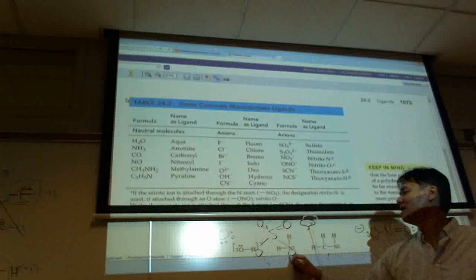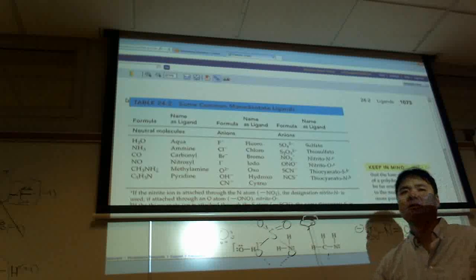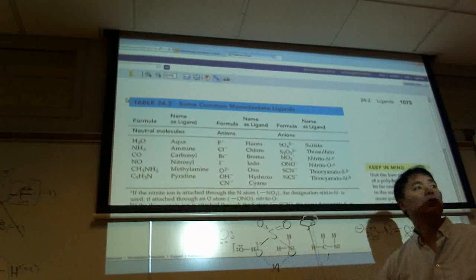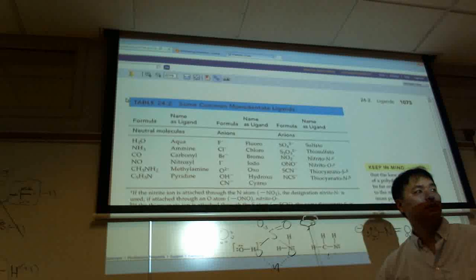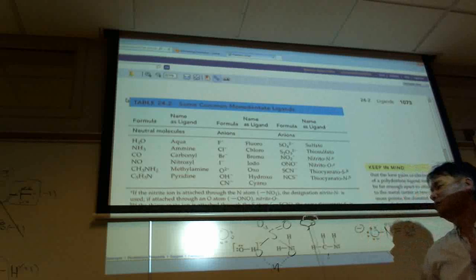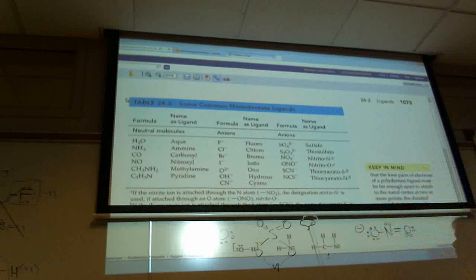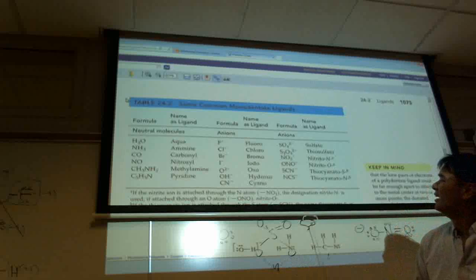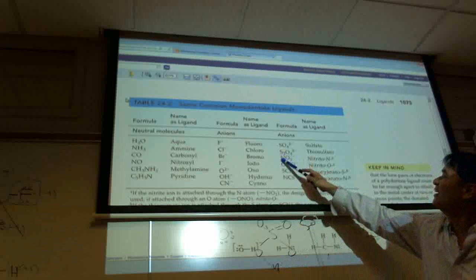Could it be bidentate? You wouldn't expect it to be bidentate because of the 4-membered ring. Although it's a big ligand, I'd expect all these to be monodentate.